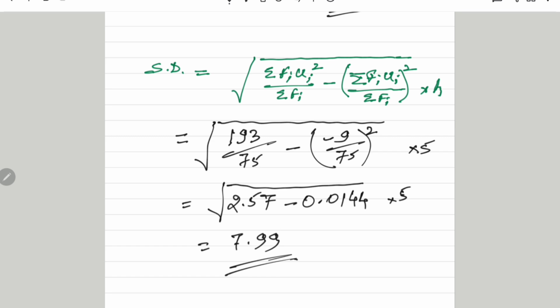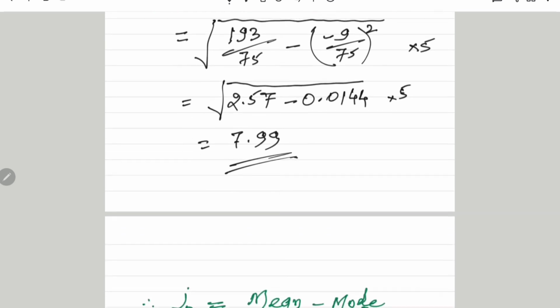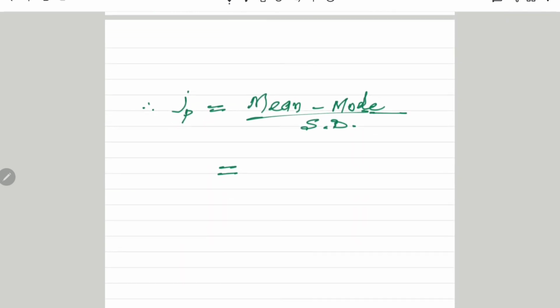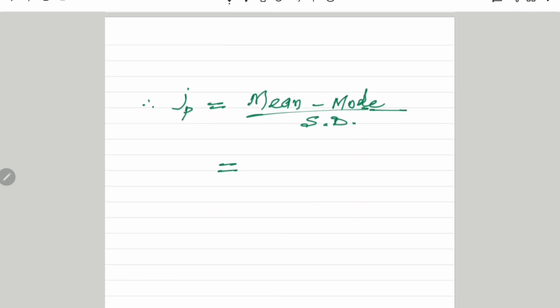Means I have calculated all the three required values: first for mean, second for mode, third for standard deviation. And then using these three values, we try to find out Karl Pearson's coefficient of skewness. The formula is mean minus mode divided by standard deviation.